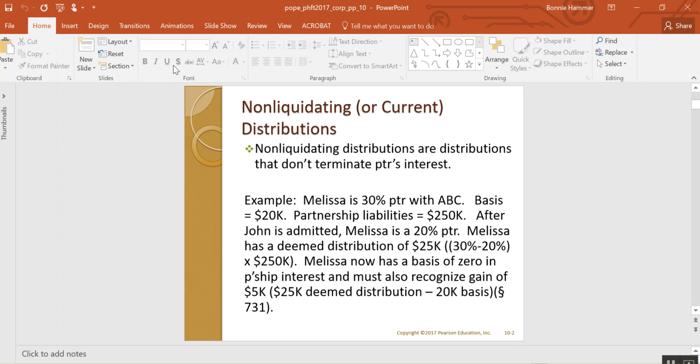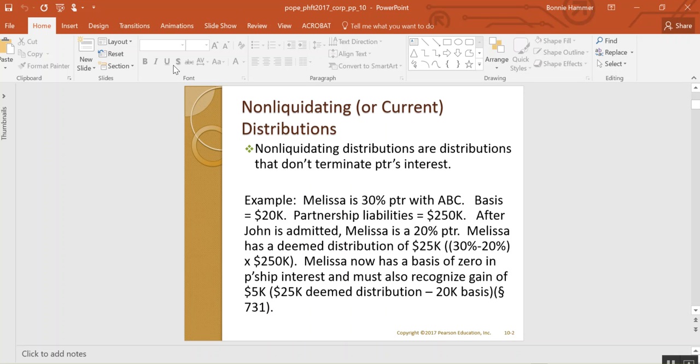Now, what else do we know about basis? Basis can never go below 0. But the capital account of that partner in the partnership can go below 0.